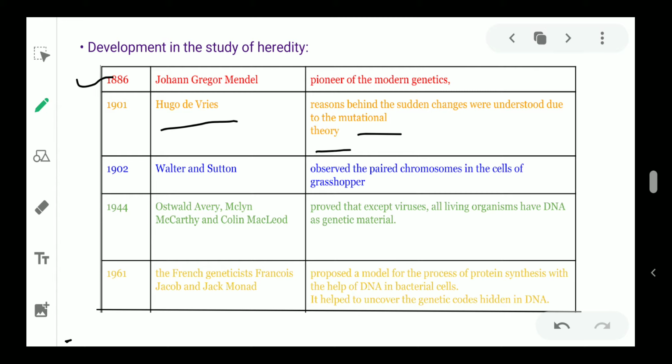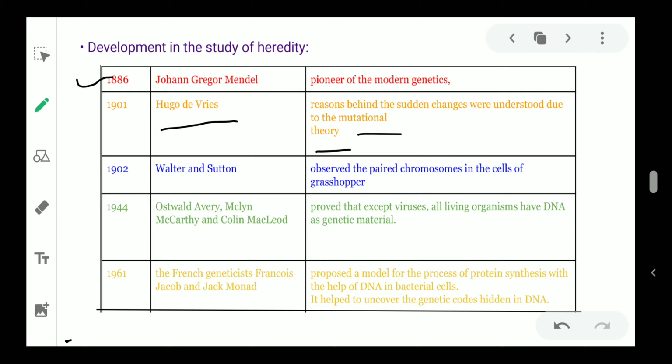Hugo de Vries suggested that the evolution that took place was specially because of the occurrence of mutations; sudden changes gave rise to evolution. And the gradual changes, that is the Darwinian theory, was not the reason behind evolution. So he suggested this in his mutational theory.